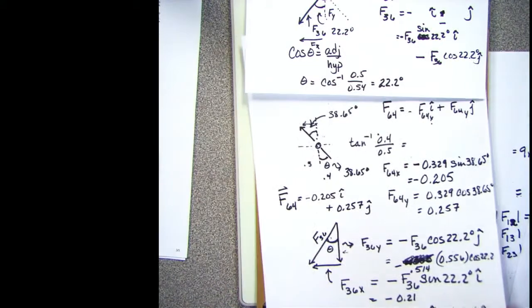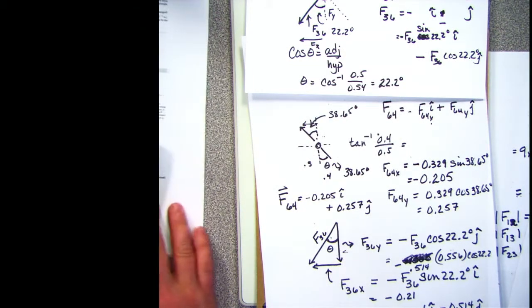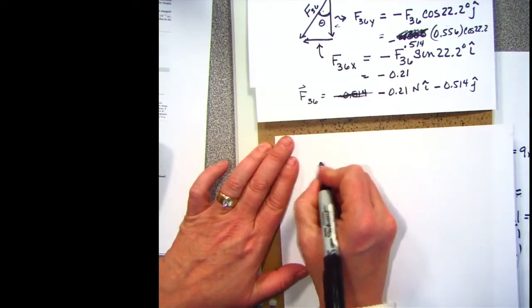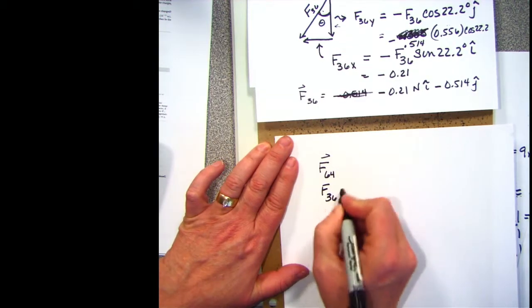So if I have those two things, I have two vectors: vector 6,4 and vector 3,6.